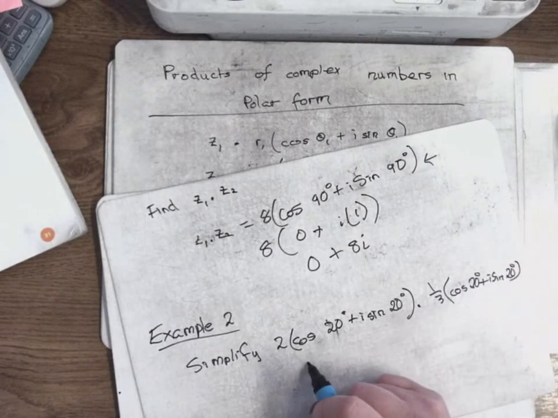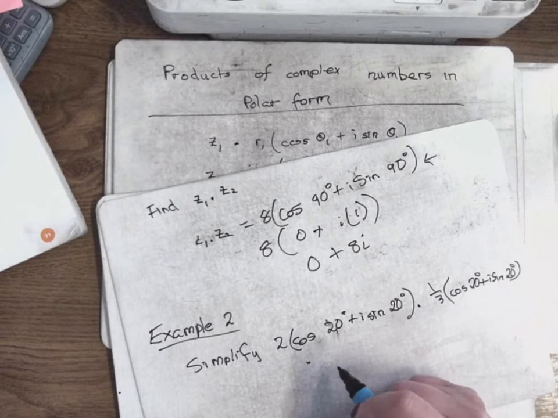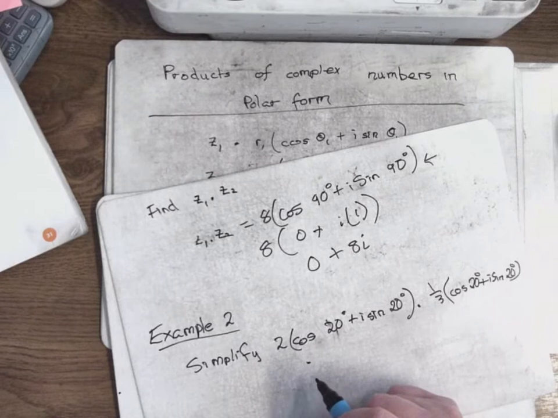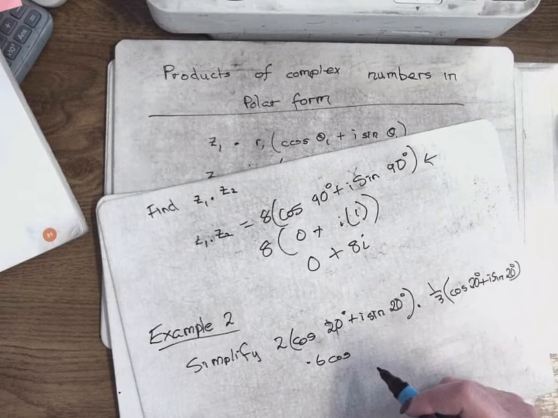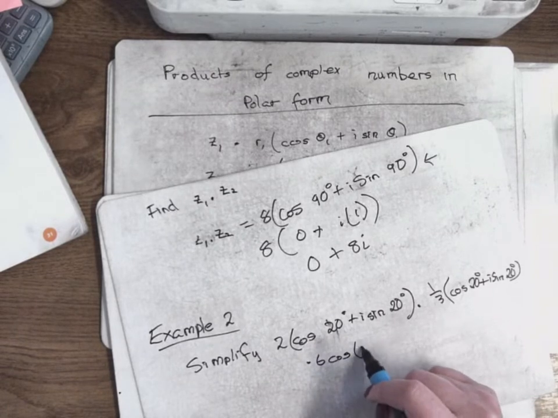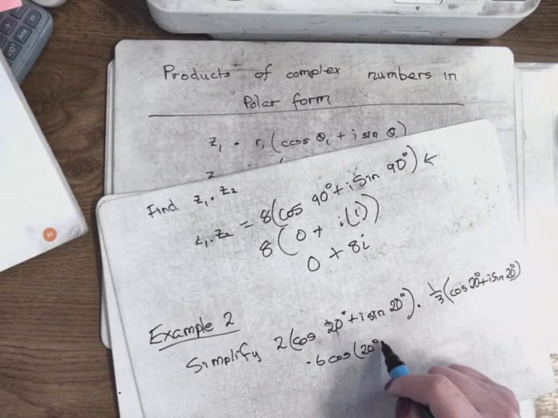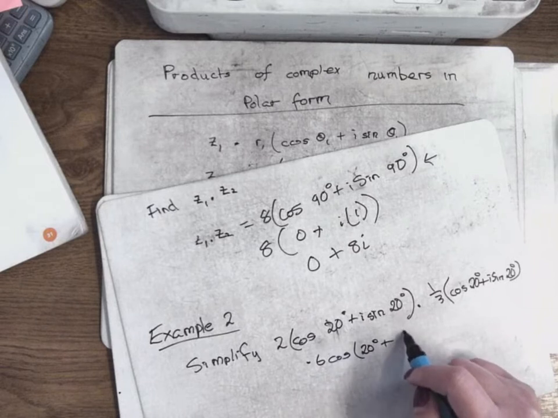Then it's multiplied by, so it's like three numbers multiplied together, multiplied by, where am I? 6 times the cos of 20 again, plus i sine 20.